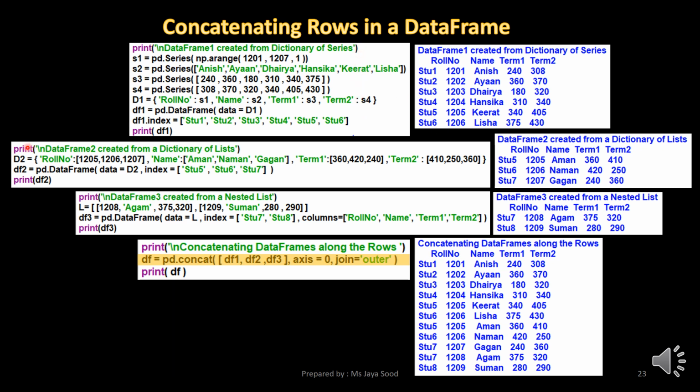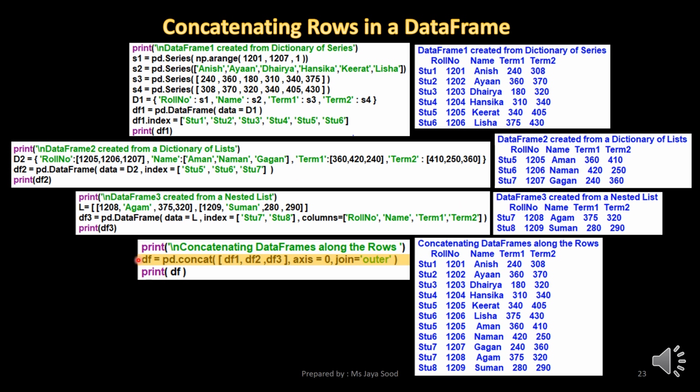The data frame object df2 is created from a dictionary d2 with the same keys: roll number, name, term 1 and term 2, and the indexes are set to stu5, stu6, stu7. The data frame object df3 is created from a nested list. The column names are the same: roll number, name, term 1 and term 2. The indexes are set to stu7 and stu8.